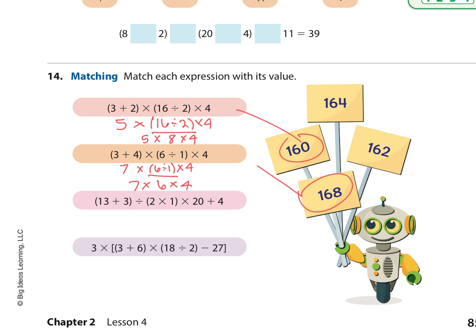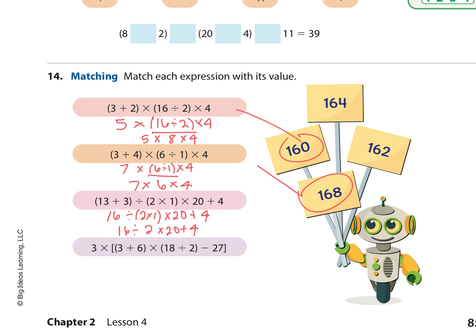Okay, the next one, yellow table, what did y'all get for the pink? Okay, for this third one. All right, so let's see. 13 plus 3 is 16 divided by, I'm bringing everything down that I haven't used yet. And then I'll do the 2 times 1, which is 2. Bring everything down I haven't used yet.